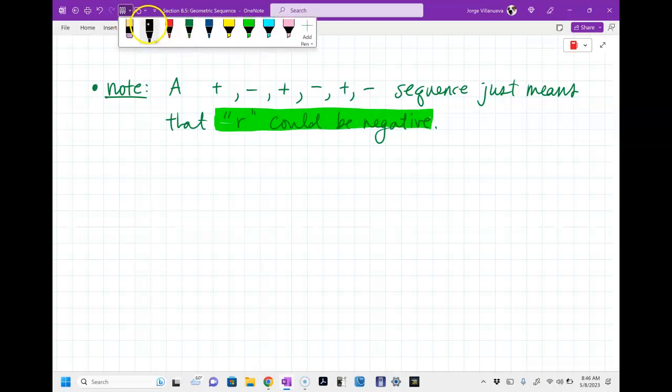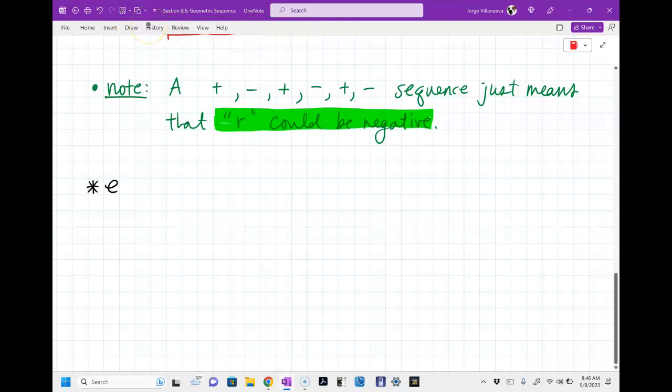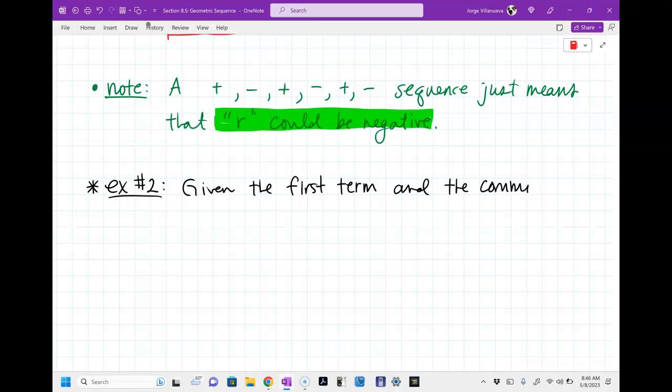Let me give you guys these. Now, a calculator might be useful for these, but not necessarily all the time. Just depends on what you're multiplying by. So, all right. So given the first term and the common ratio, write the first 4 terms.